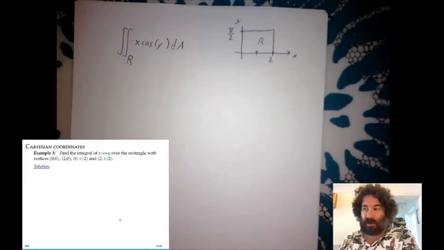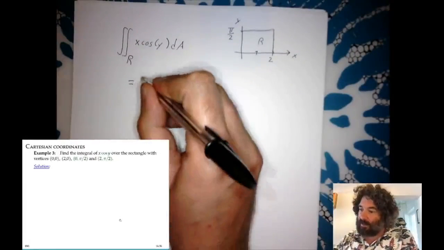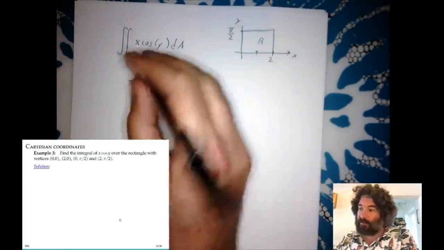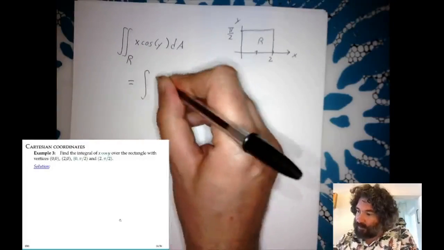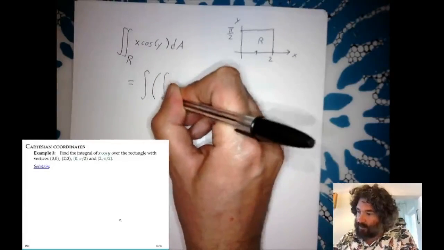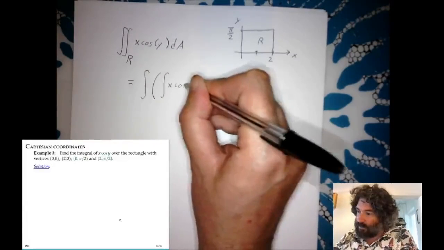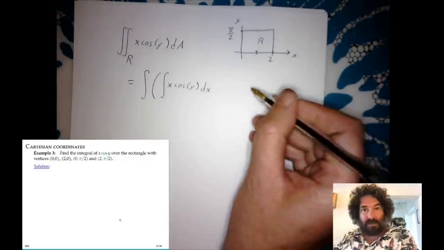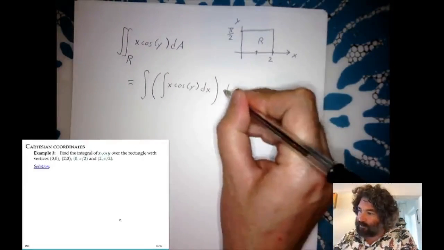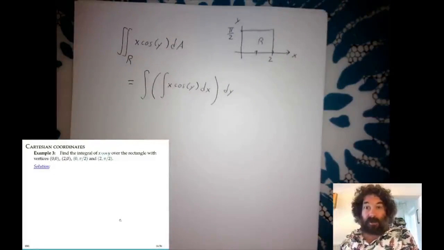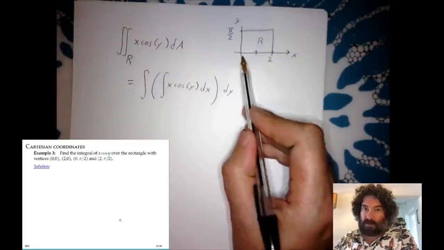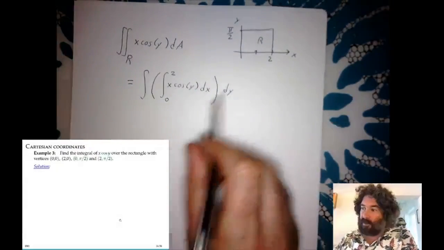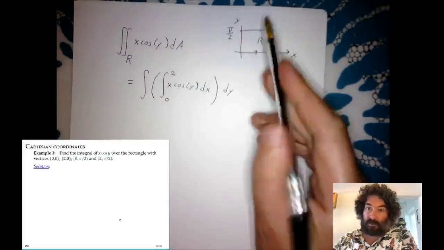I won't go through the entire process of evaluating this in both ways, either doing the integral with respect to x or y. We'll just do one of them to calculate it. So let's do integration with respect to x first as the inner integral, and then with respect to y second. So once again, I'll draw the integrals. I'll do the inner integral with respect to x, outer integral with respect to y. And now I'll put in the limits. So x goes from 0 to 2, and y goes from 0 to pi over 2.